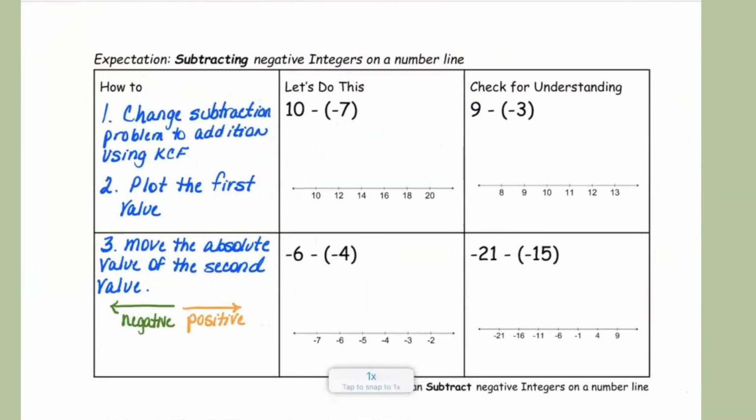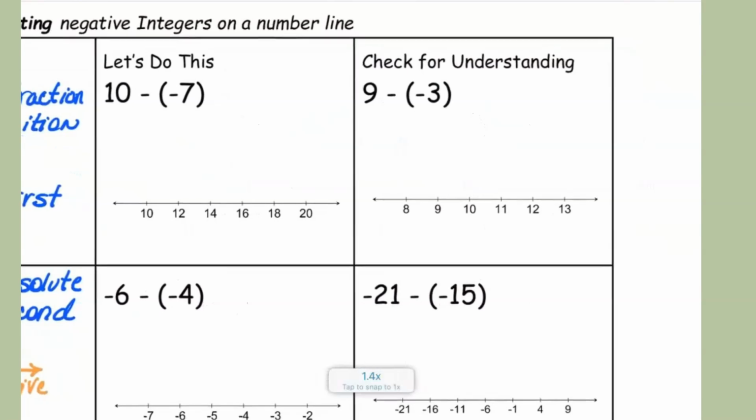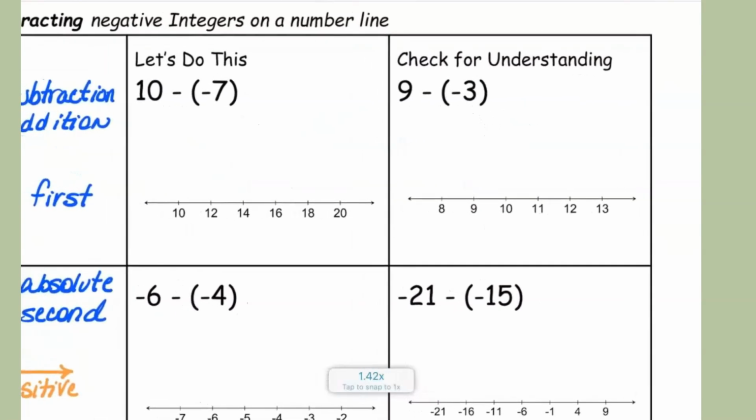All right, let's try some problems. This first one is 10 minus negative 7. So based on step number 1, the first thing that we are going to do is keep, change, flip. And I like to write it in.